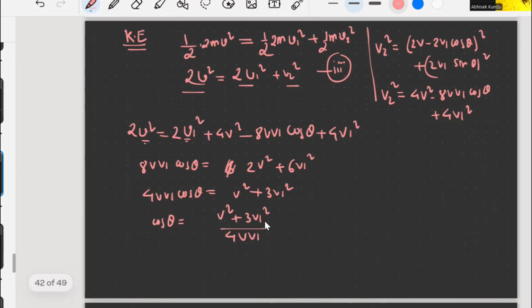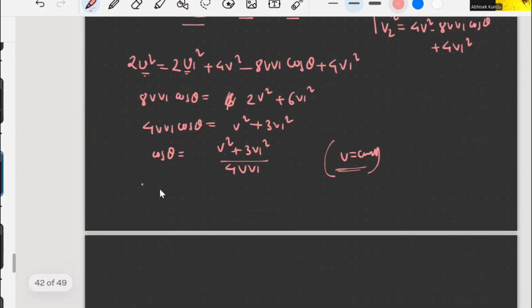Now see, if initial velocity v is constant, I have to find out the maximum value of theta. So I can differentiate directly with respect to v1 because v1 here is the variable. If I differentiate, it is going to be minus sine theta into d theta by dv1 as the first term, of course.